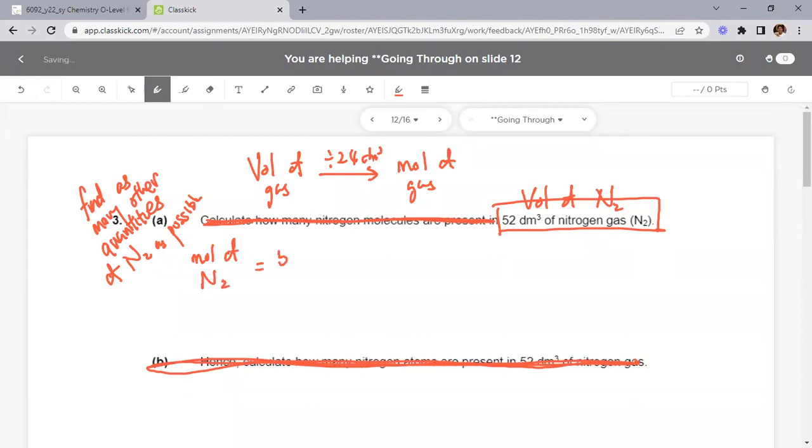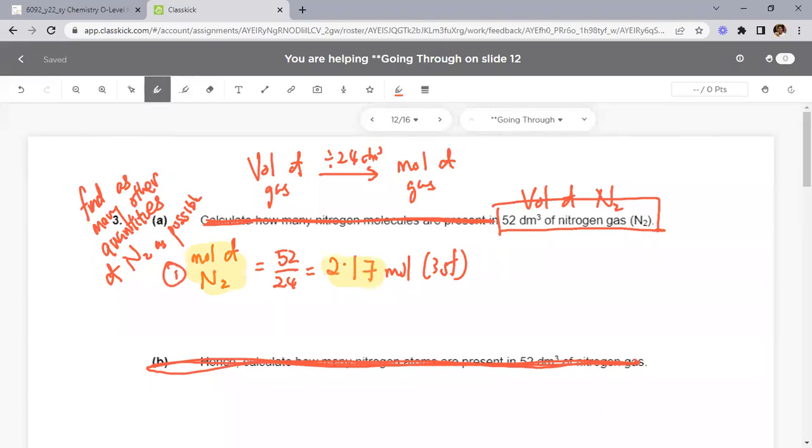This will be 52 dm3 divided by 24. So I know that this is 2.17 mole, to 3SF. So this is the first quantity that I got, the mole of N2, which is 2.17. This is one of the possible quantities.